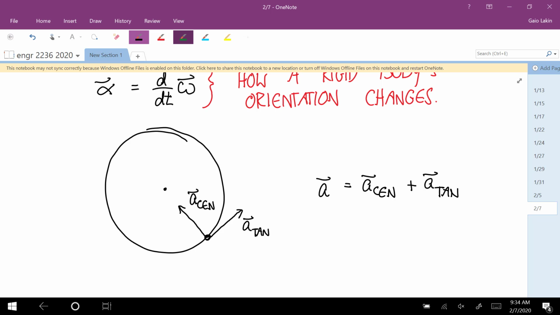The R vector for circular motion calculations depends on the problem. It's always a vector from the center of the circular motion to the object. So in this problem, this red would be the R vector.